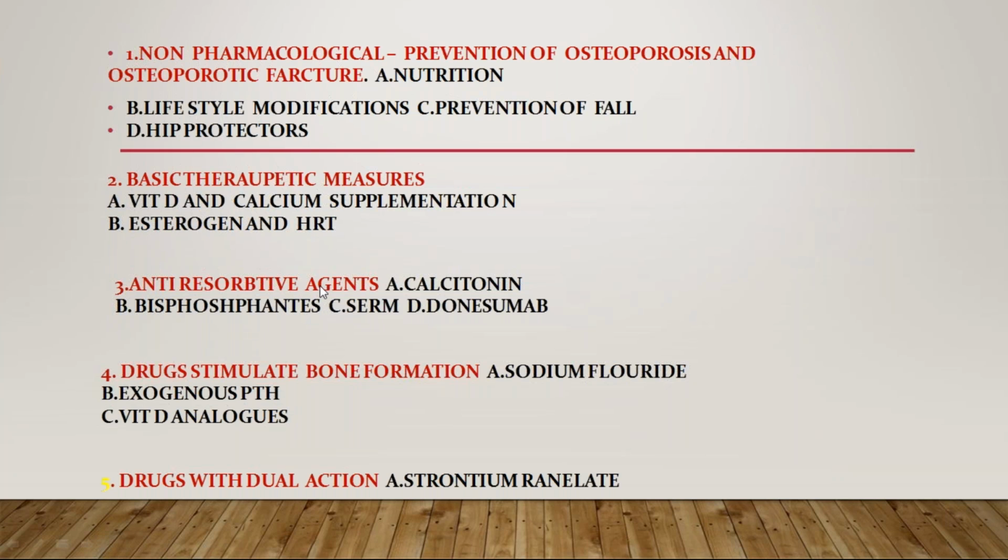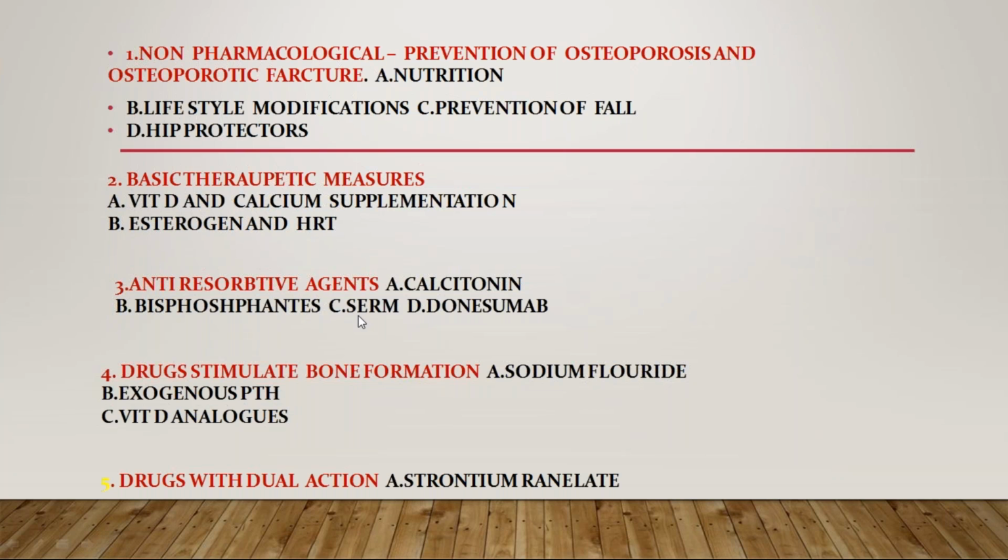What is the best treatment? Bisphosphonates are the best for osteoporosis patients. But with bisphosphonates there are also contraindications and side effects. So other than bisphosphonates, we can use calcitonin, sodium fluoride, and selective estrogen receptor modulators.